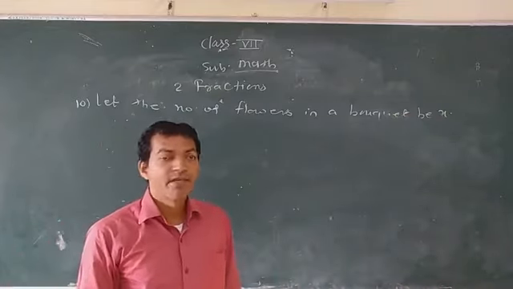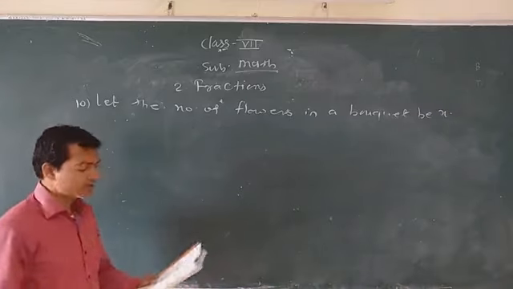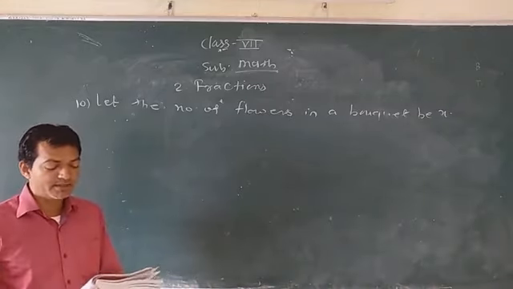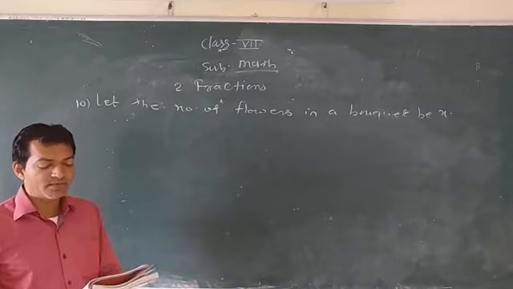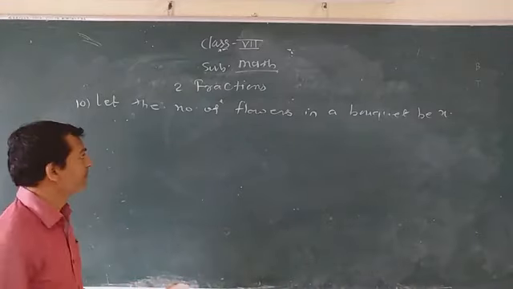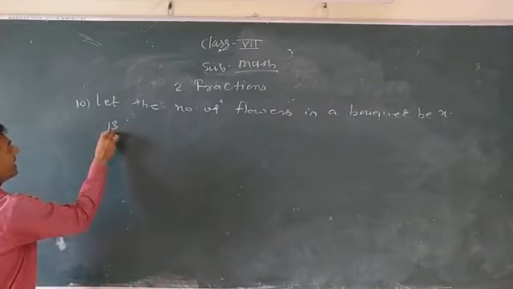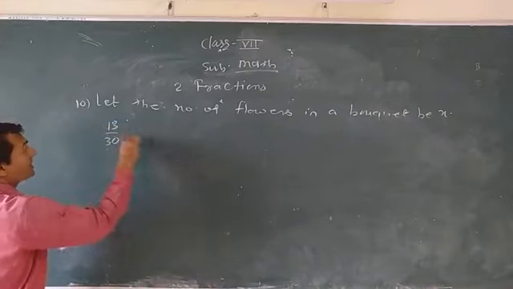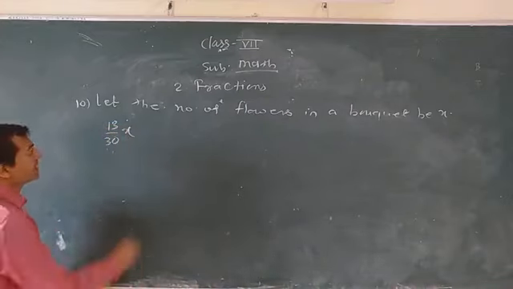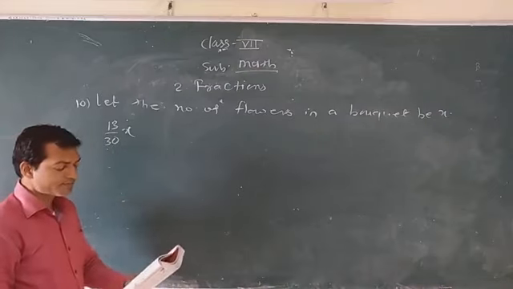X. Then out of X, 13/30 of the flowers were roses. Means 13/30 of X are roses.